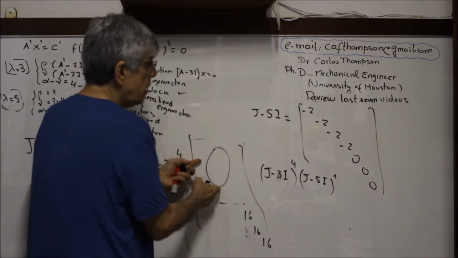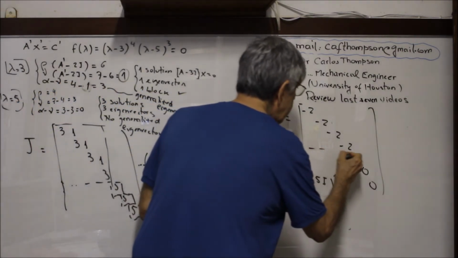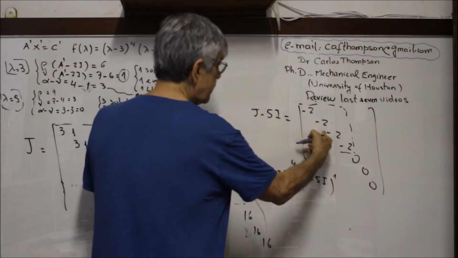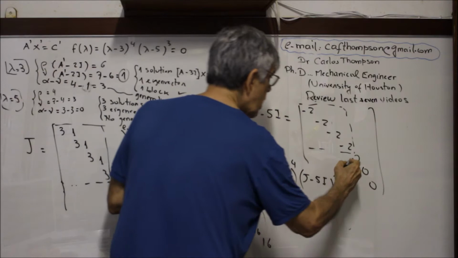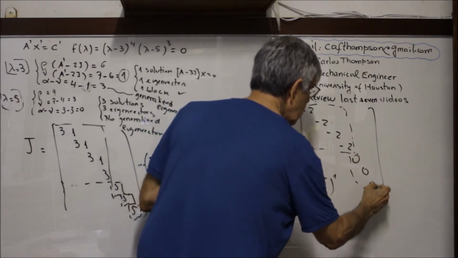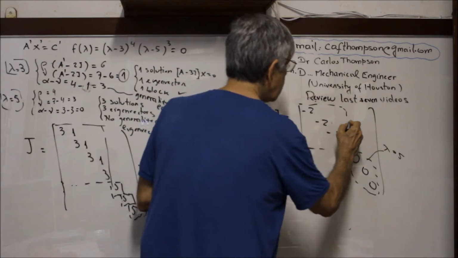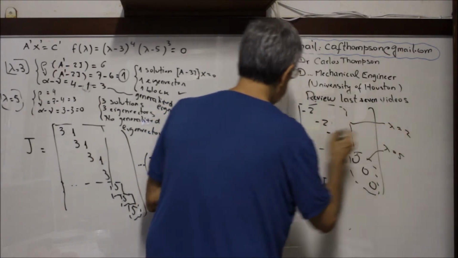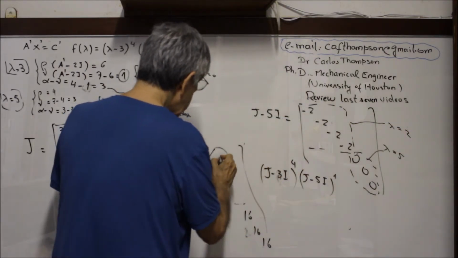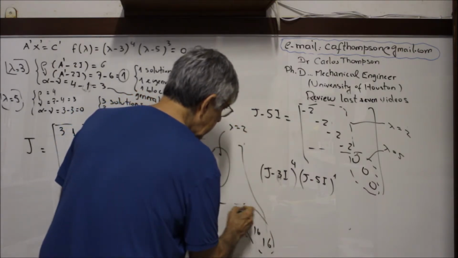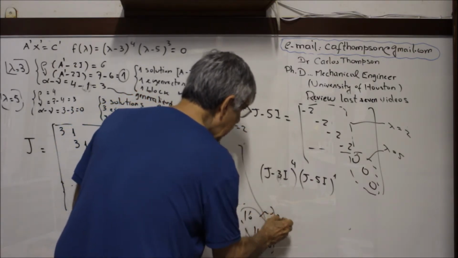this 0 here will multiply this block here, okay? And it will be 0. And this block here, the whole, corresponds to lambda is equal to 5. This corresponds to lambda is equal to 3. And this here corresponds to lambda is equal to 5.